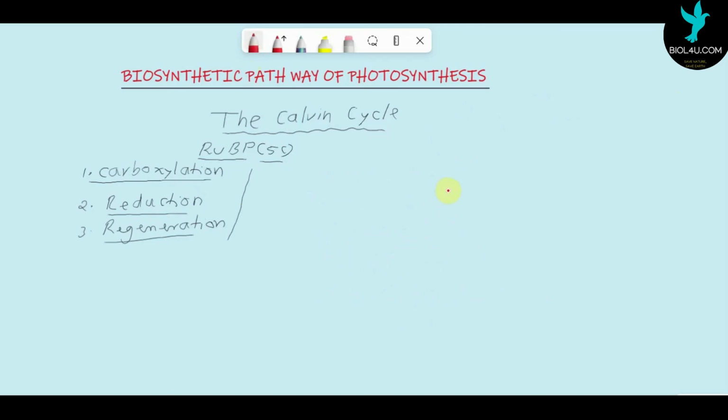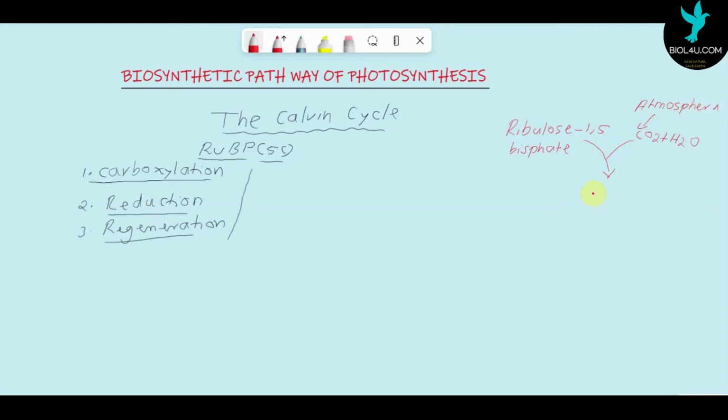First, RuBP carboxylase, ribulose 1,5 bisphosphate. This absorbs the atmospheric carbon dioxide, carbon dioxide with moisture, from the atmosphere.